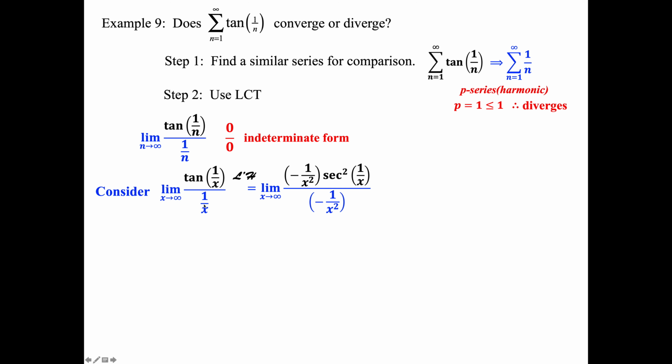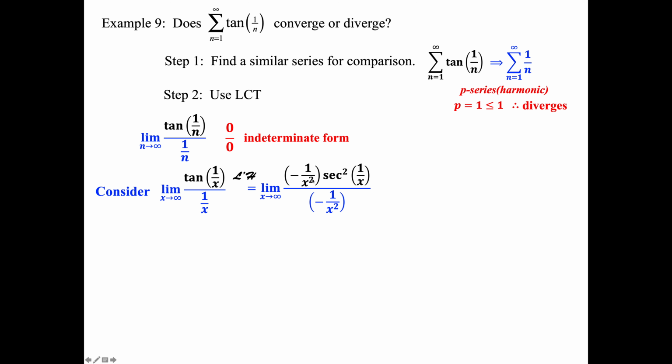So taking the derivative of tangent is secant squared of 1 over x, and then multiplied by the derivative of 1 over x. That's going to be negative 1 over x squared. Remember, 1 over x is x to the negative 1 power. So when you take the derivative, we bring down the negative 1 to the front and subtract 1 from your power.